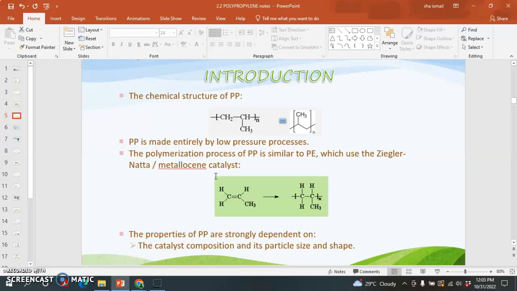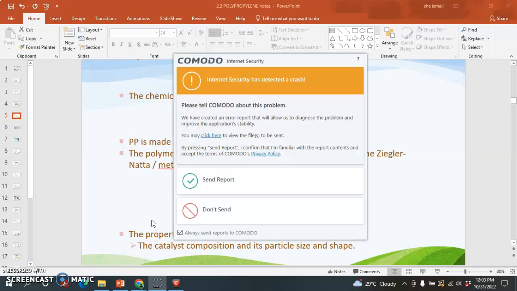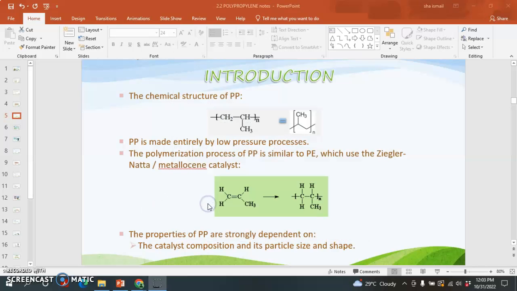Okay, the chemical structure for PP, as we can see here, contains the methyl side group in each repeating unit. For each repeating unit, CH2, CH, and CH3, this methyl group will make the PP either in isotactic, atactic, or syndiotactic form. PP is made entirely by low pressure process using Ziegler-Natta and metallocene catalysts.